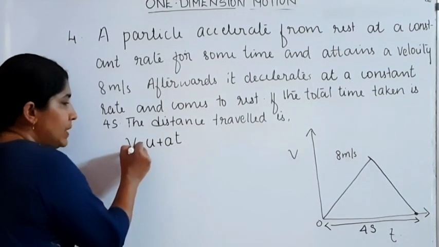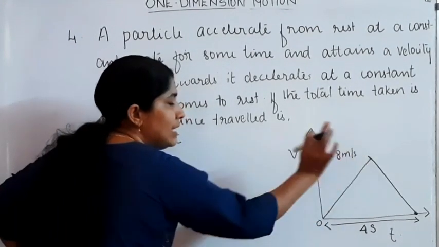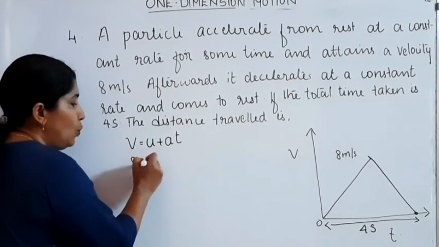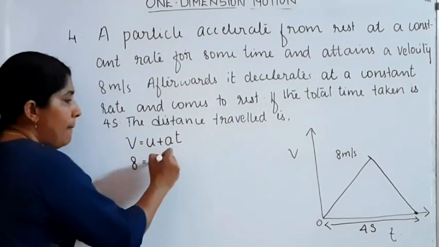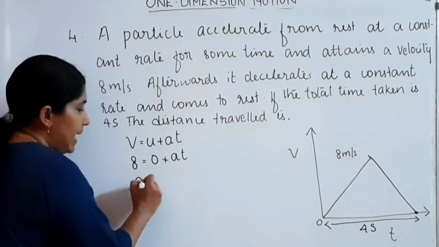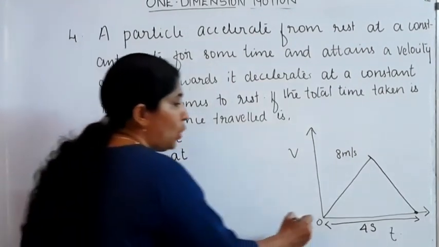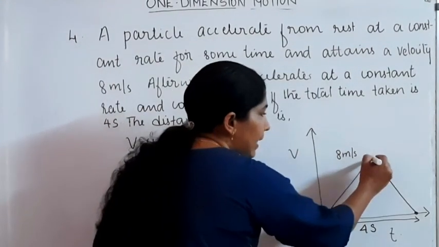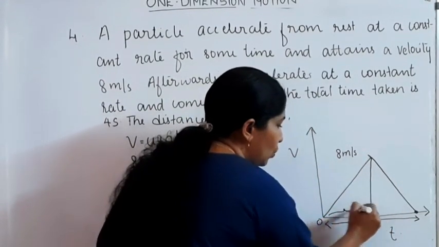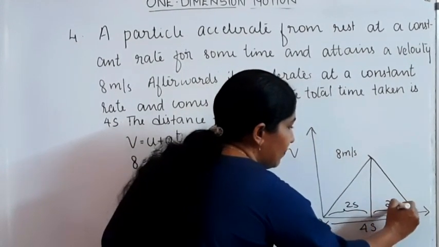Here the initial velocity is equal to 0 and the final velocity is equal to 8 meter per second. Therefore, 8 is equal to 0 plus A into T. Then acceleration A is equal to 8 divided by T. The total time is 4 seconds, so for accelerating the body it takes 2 seconds, and for retarding the body again it takes 2 seconds.